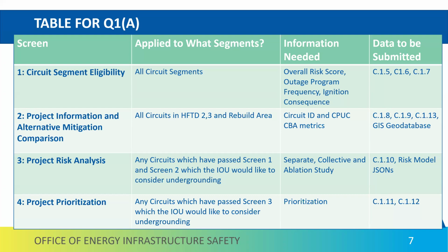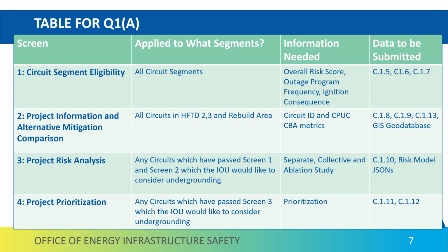There will potentially be hundreds of segments that will be unvalidated by your process. That's my concern, because you won't have run them through screen 3. So there's going to be risk analysis done for maybe 25 segments, and then an unknown number of circuits that will not have been through screens 3 and 4 of your process.